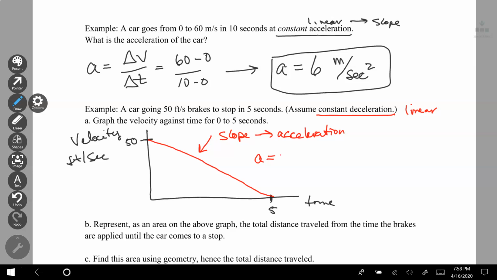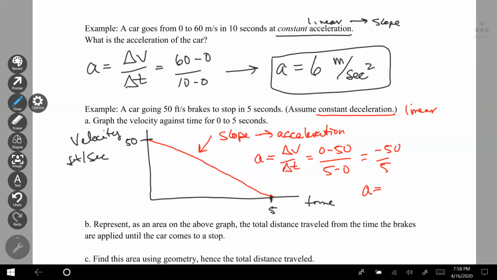So a equals change in v over change in t, which goes from 0 minus 50 over 5 minus 0, or negative 50 over 5.